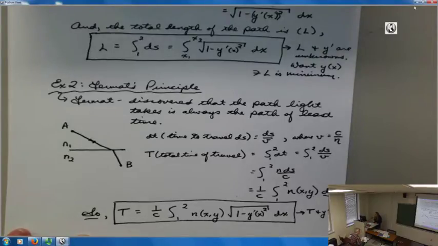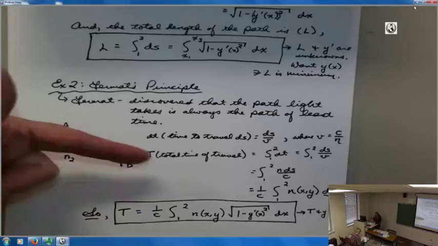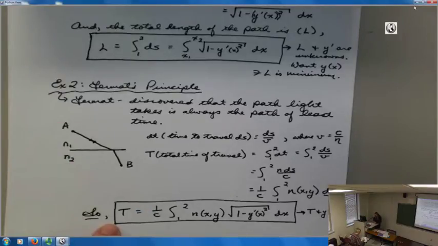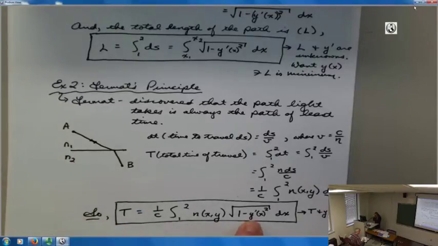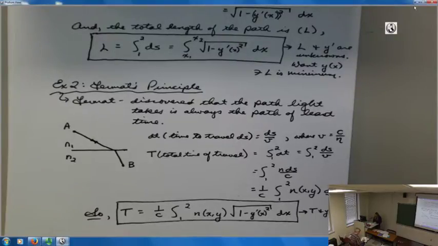But since the path I'm looking for is one in which this time of travel is minimized, I could imagine taking a derivative with respect to choice of path here. And then when I take that derivative, I could set it equal to 0 because I want a minimum. Then I would only have one unknown, y prime of x, from which I could find y of x.